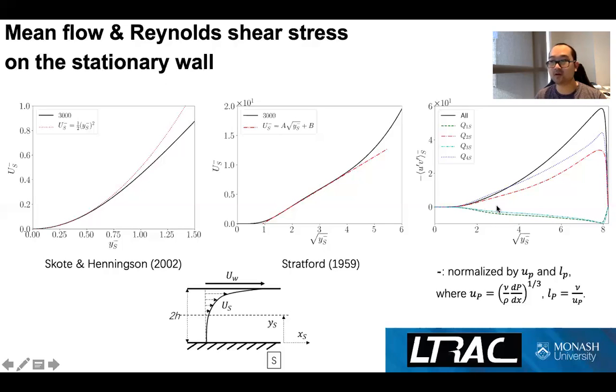Besides, the flow on the stationary wall barely produces turbulent kinetic energy locally because of the zero mean skin friction. So the flow needs turbulent kinetic energy from somewhere else to sustain turbulence. In the critical Poiseuille flow, this turbulent kinetic energy mainly comes from the moving wall by sweeps.